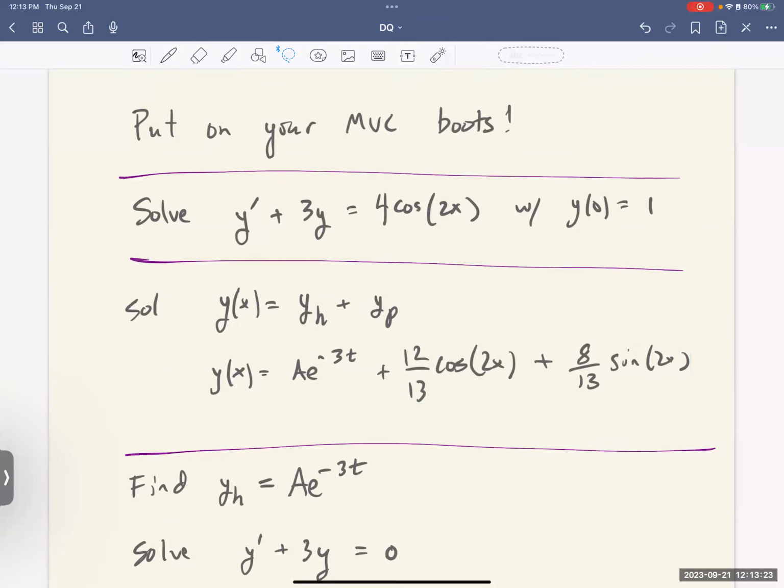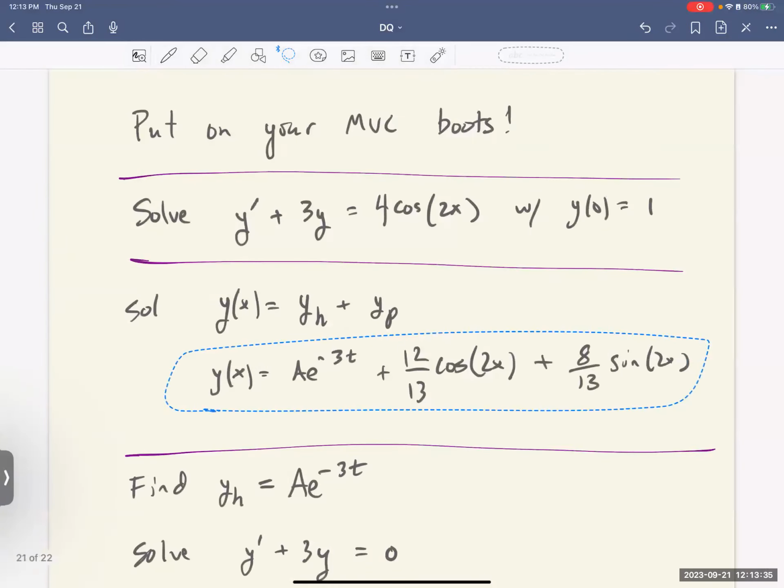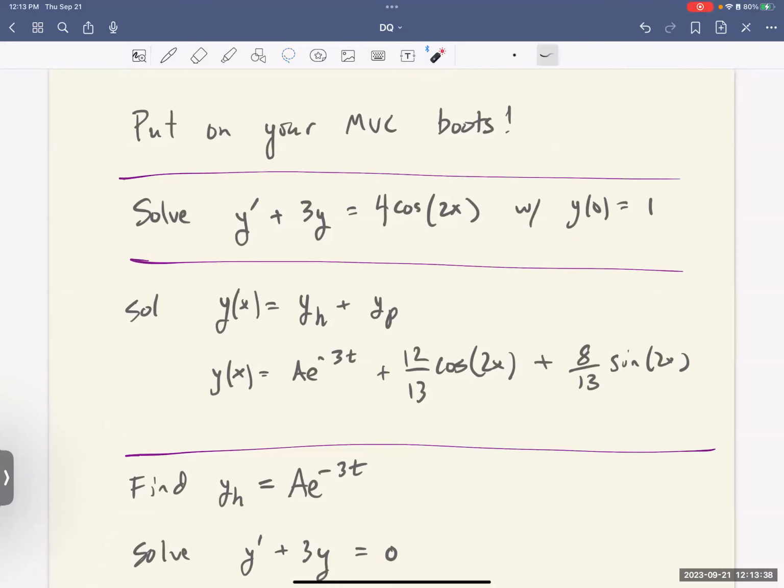So right now that's our solution, and that's where we would end if we did not have an initial condition. So now for our initial condition, let's go find our A. And again, the initial condition was y of 0 is 1.